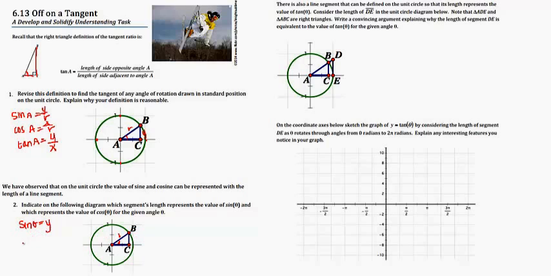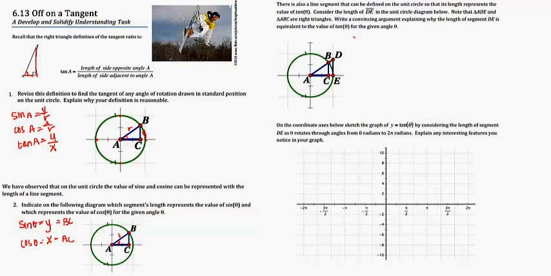So sine of theta is just equal to y. Cosine of theta is equal to x over r. And in this case, the radius is 1, so it would just be x. So sine is equal to the length BC, because that's how big y is. And cosine is equal to the length AC.